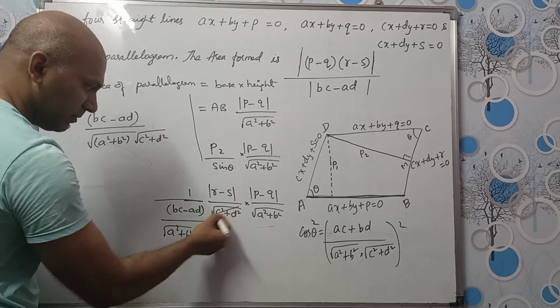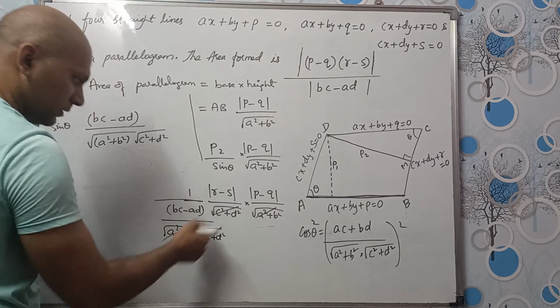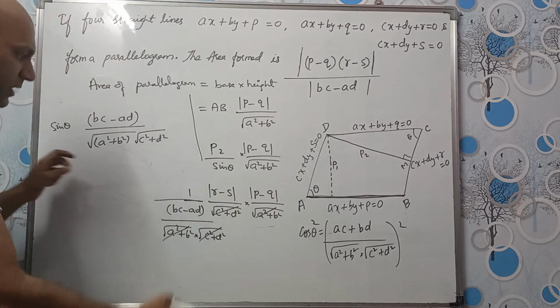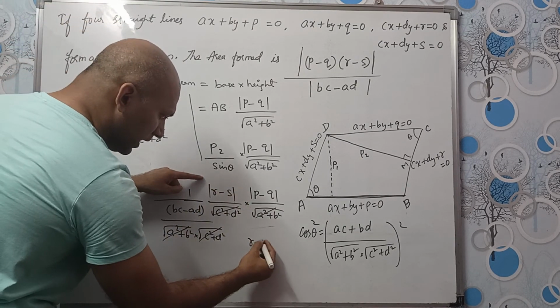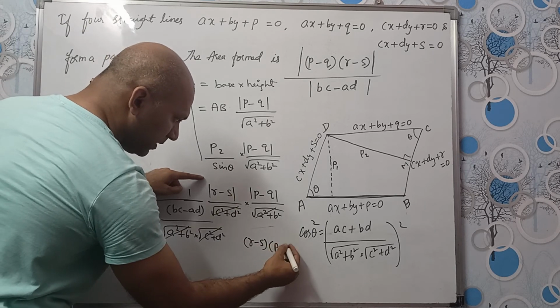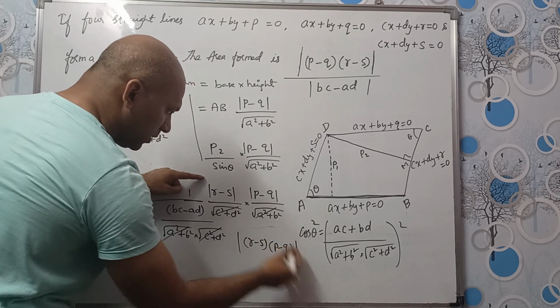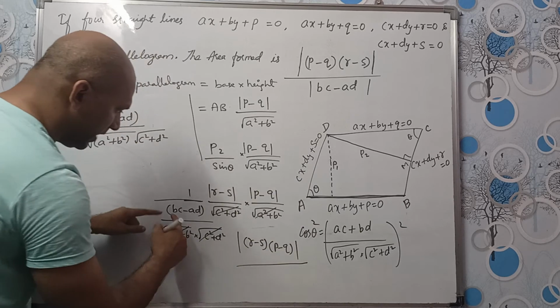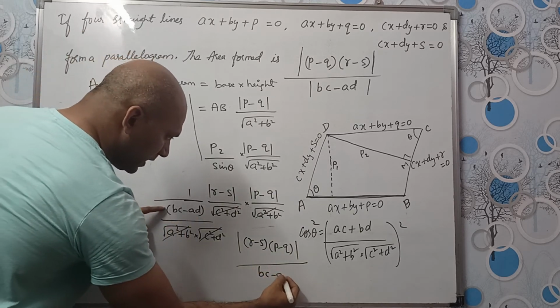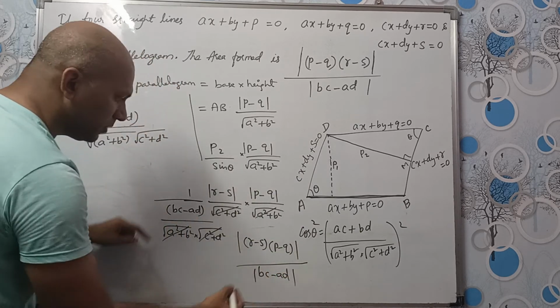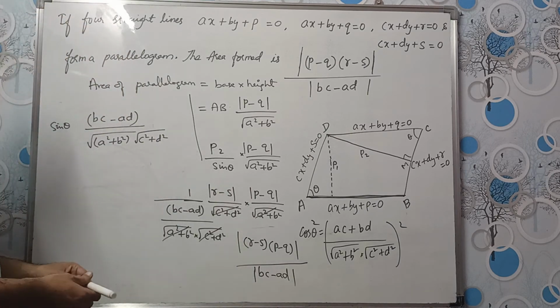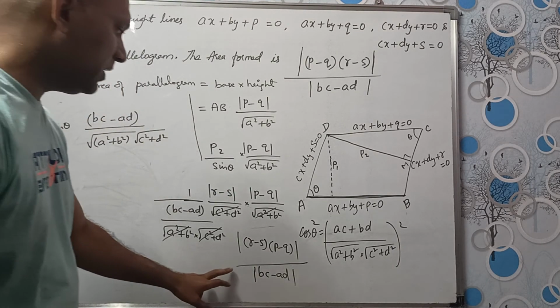These terms will get cancelled. So what do we have now? We have r minus s multiplied by p minus q inside the mod, because we have modulus here, divided by bc minus ad. This should also be in modulus, because the area cannot be negative.